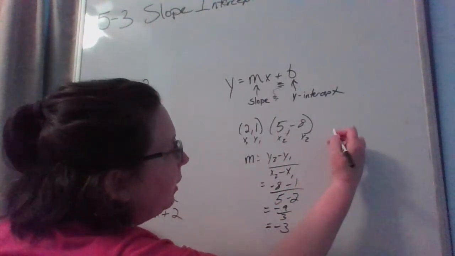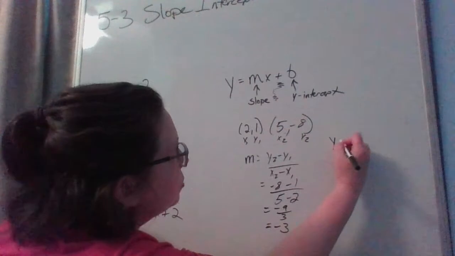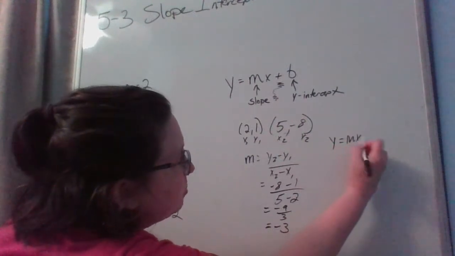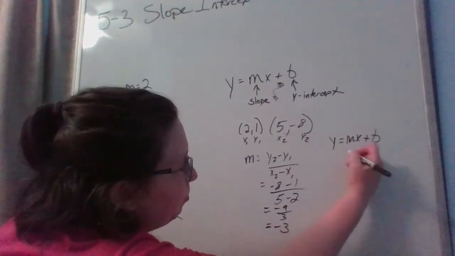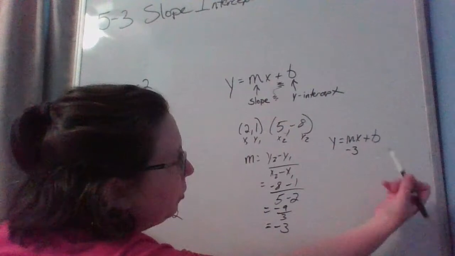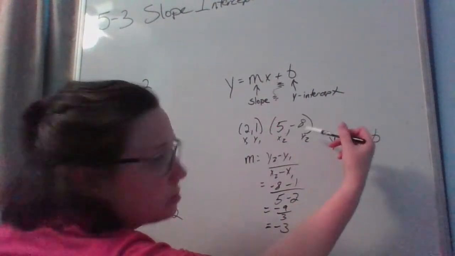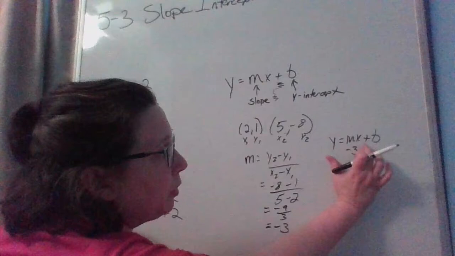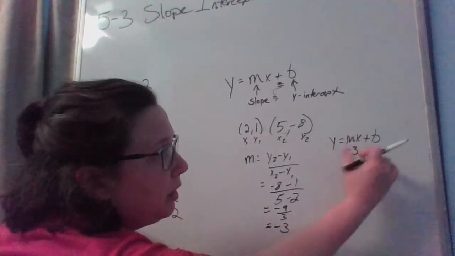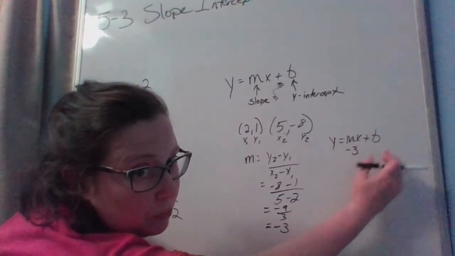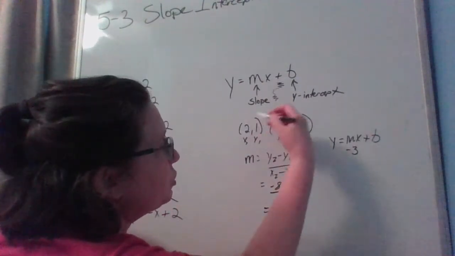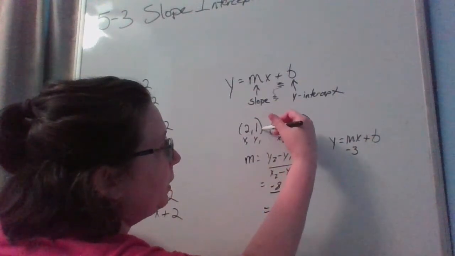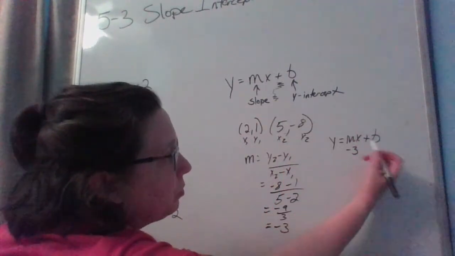Once I know that, I can plug that into my y equals mx plus b. I don't know b yet, but what I do know is 2 different points. So I can pick either point and then plug it in for x and y, and then I can solve it out for b. So then I'll know b. I'm going to choose to use this ordered pair because these numbers are more simple than these.